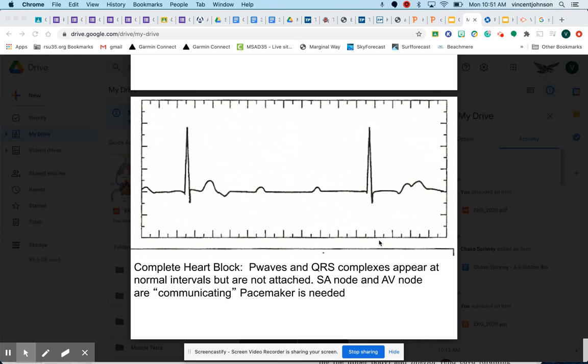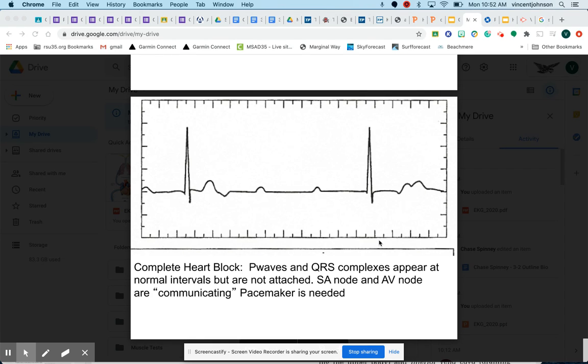The top number is systolic and the bottom number is diastolic. Okay, so the top number is going to be high. That's the measure of when the heart is contracting. And then the bottom number is the measure of the force that blood exerts on arteries when the heart is relaxed.